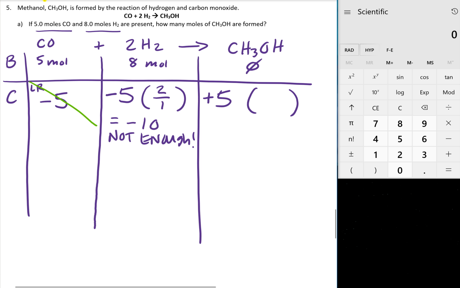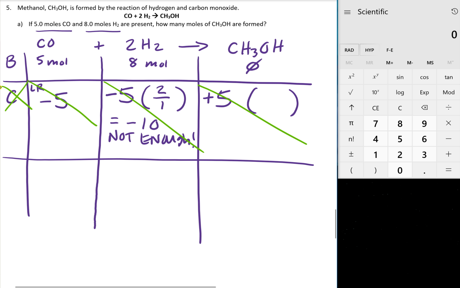So we're going to cross out what we have here, and we're going to create a new change row. Since we now know that carbon monoxide cannot be the limiting reactant because we don't have enough hydrogen, we pretend that we didn't do this work. We're not going to look at it again. Now we're going to make the hydrogen the limiting reactant.